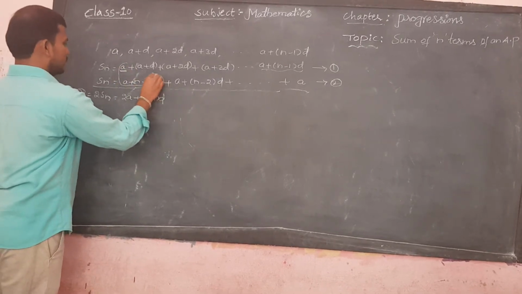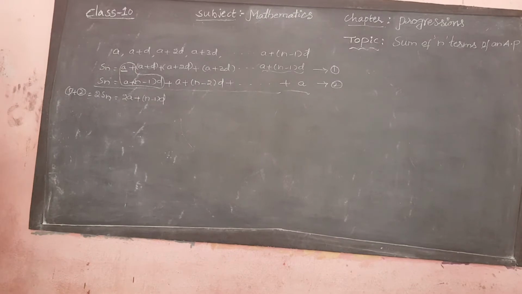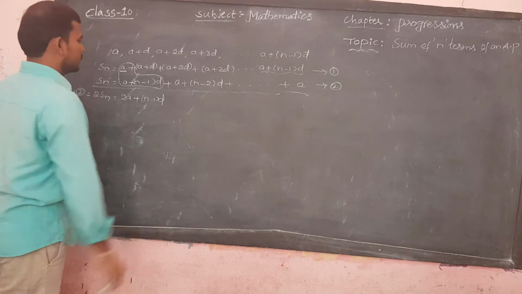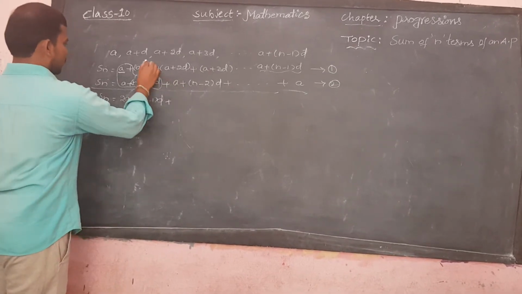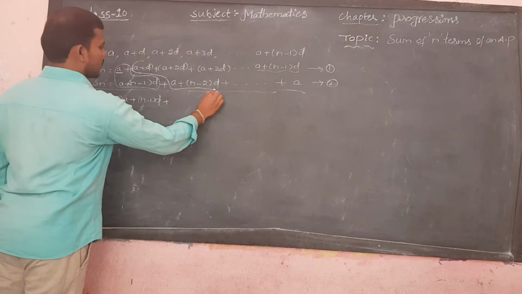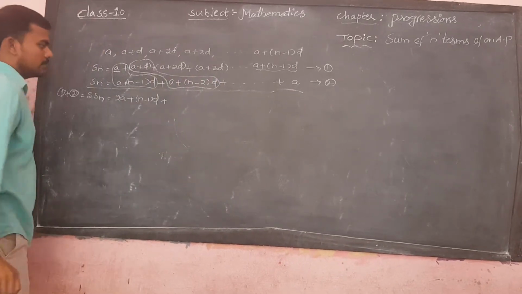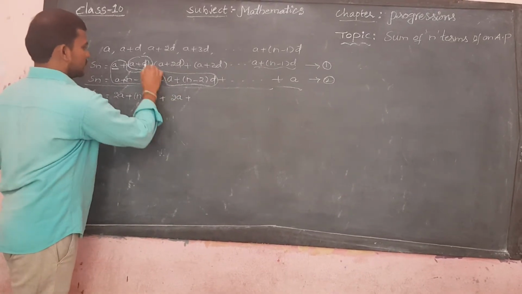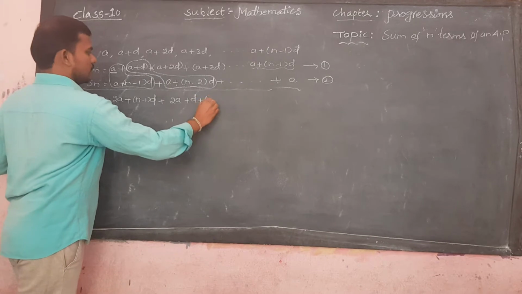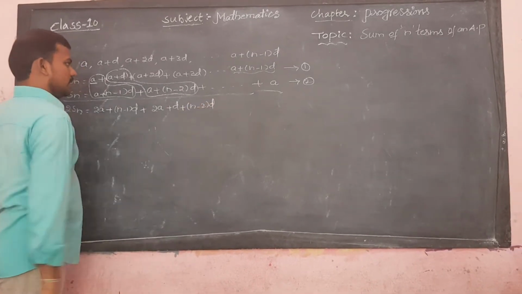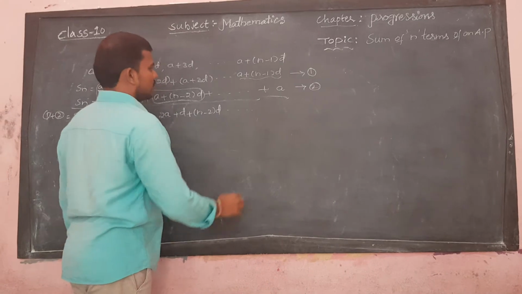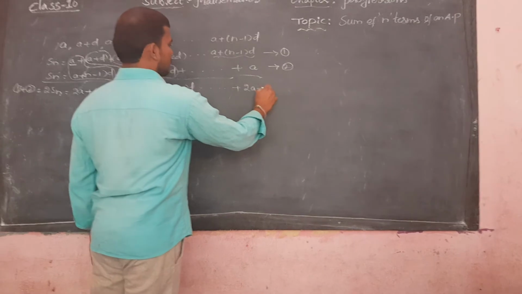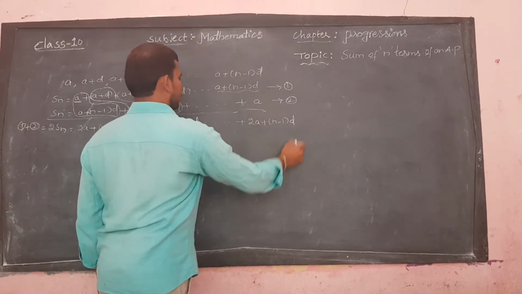Then adding a plus d and a plus (n minus 2) into d, it will be 2a plus (n minus 1) into d.